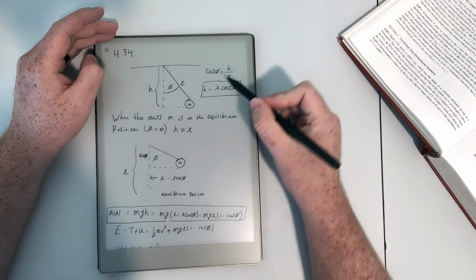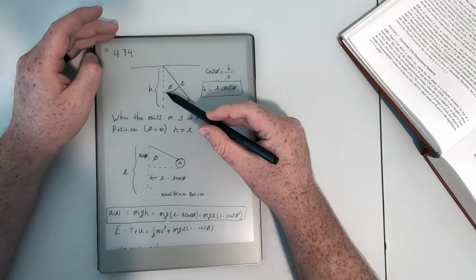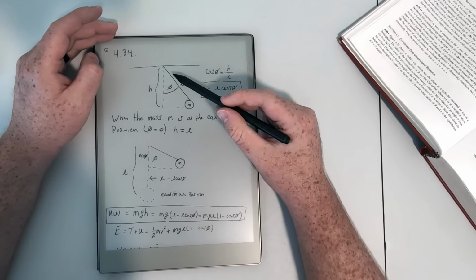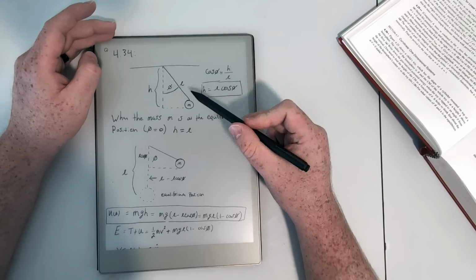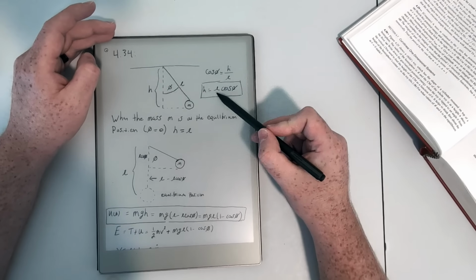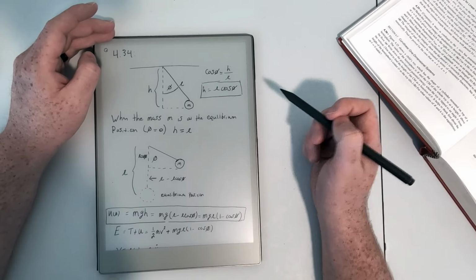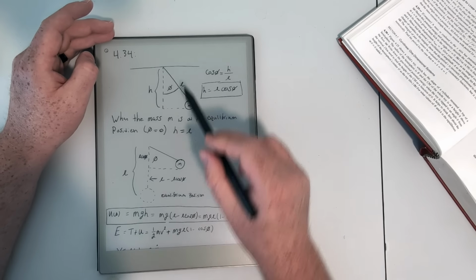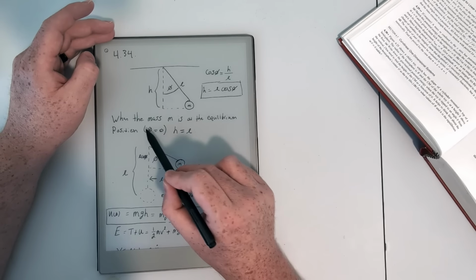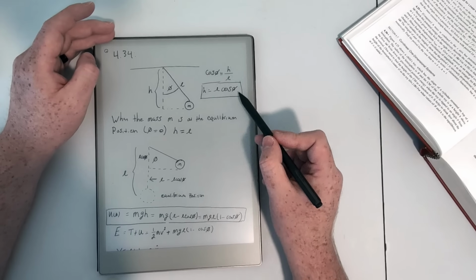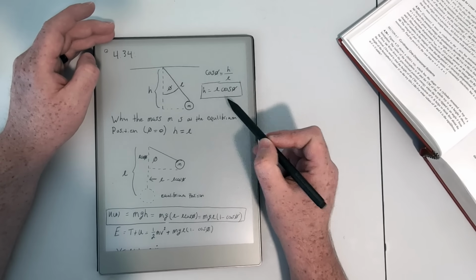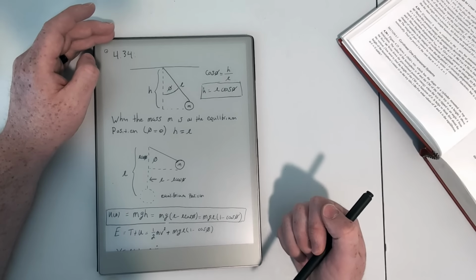We can use a trig relation: the cosine of this angle is h over L. That means h can be defined as L times cosine of phi. And when phi is 0, cosine of 0 is 1, so h is equal to L.